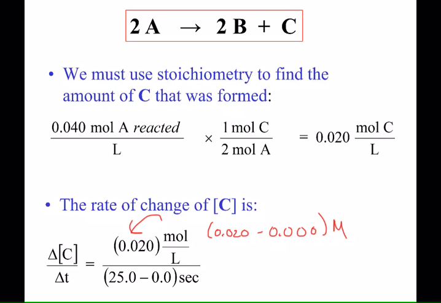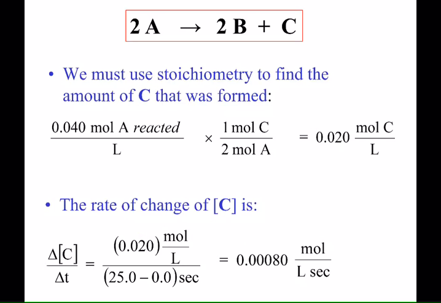Okay, are we good with that? Sorry about that. With a time interval of 25 seconds, rounded to two significant figures, the rate of change of C over that same time interval is 0.00080. That's a lot of zeros.